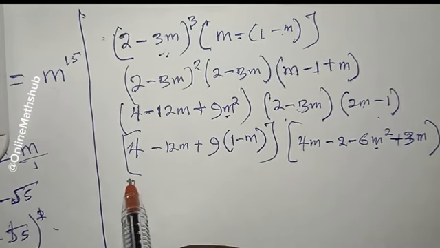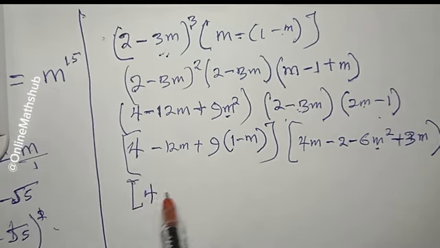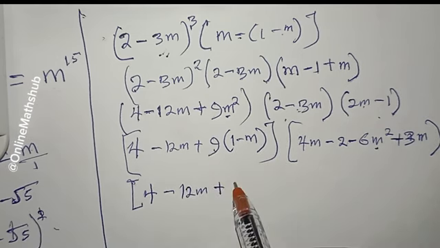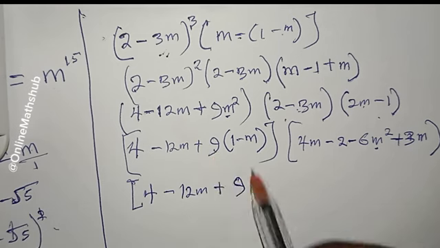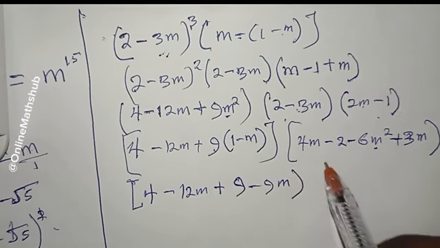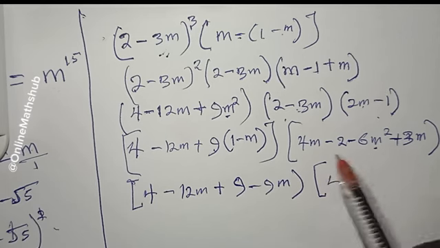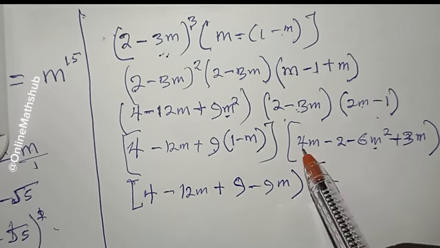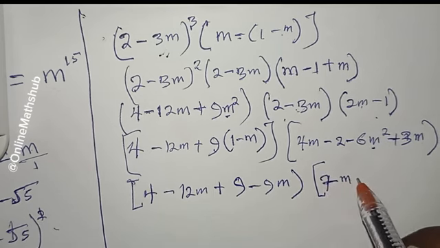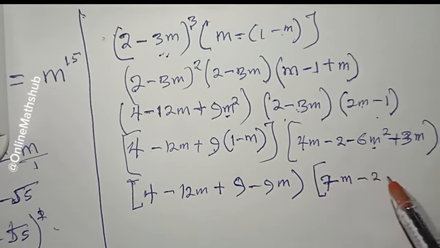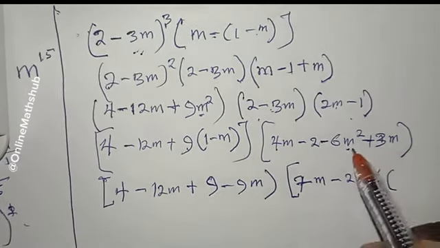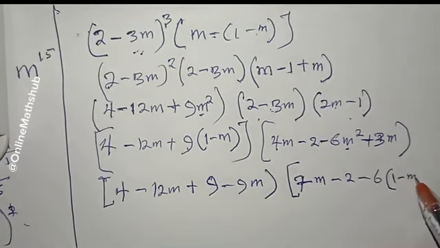Okay, so from here what I have is 4 minus 12m plus, so opening this bracket, I have 9 times 1 here is 9. Okay, and then 9 times minus m is minus 9m. And then from this side I can just sum this, so 4m plus 3m here will give me 7m. Okay, and then minus 2 minus 6 into, I can substitute for m squared, and that is 1 minus m.